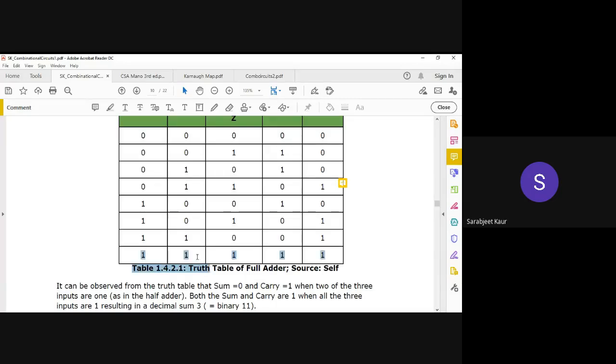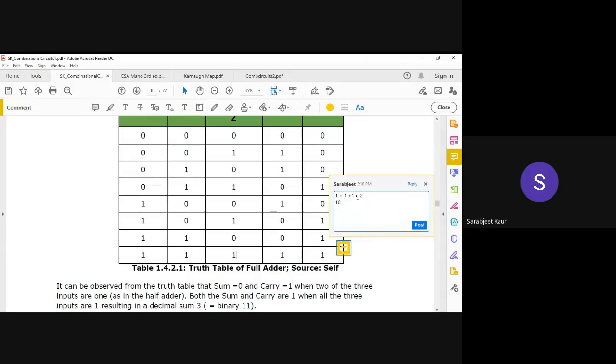Now let's look at the last case. There are three ones here. So what do I get? 1 plus 1 plus 1 is equal to 3, right? Yes, ma'am. So 3 is written as, let me do it here so that you can also visually see this.